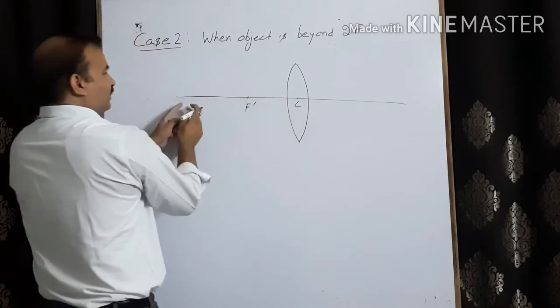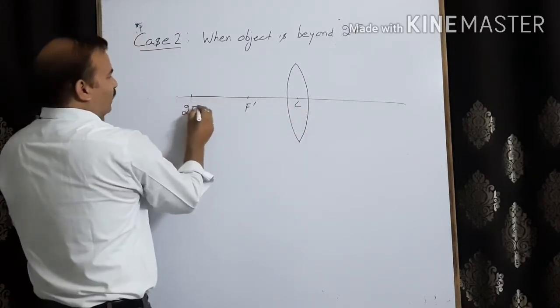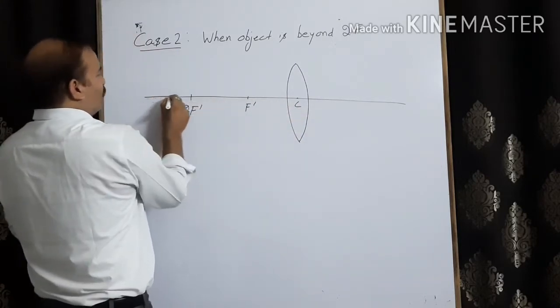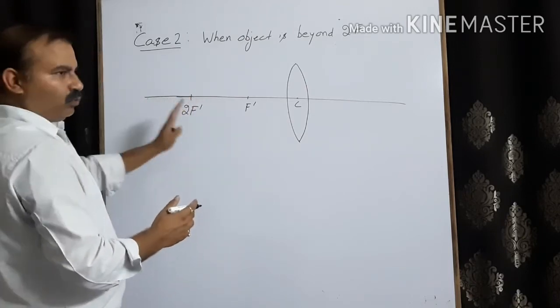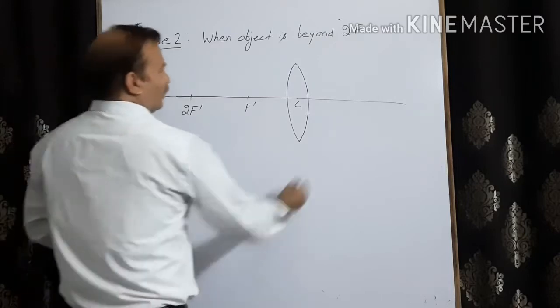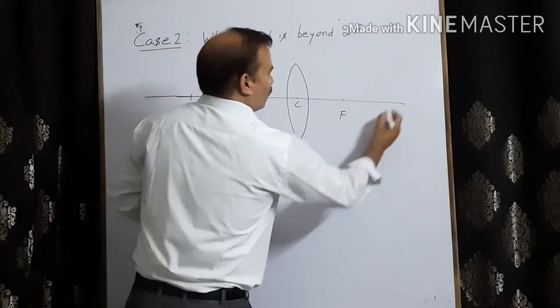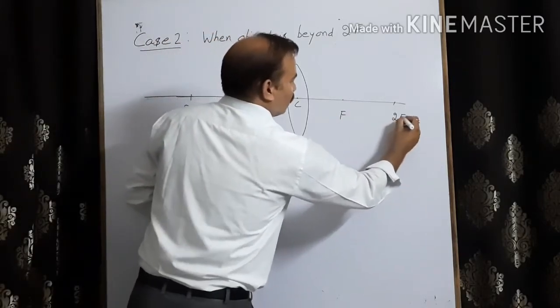Whatever the distance, double of that we call 2f. And beyond 2f means toward the left side, towards my left if I stand like this. Now this is the focus and this is twice the focus.